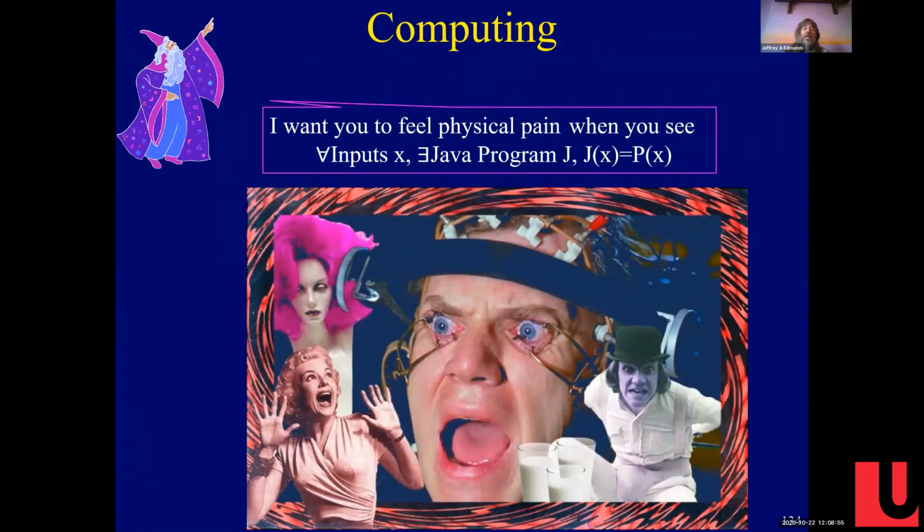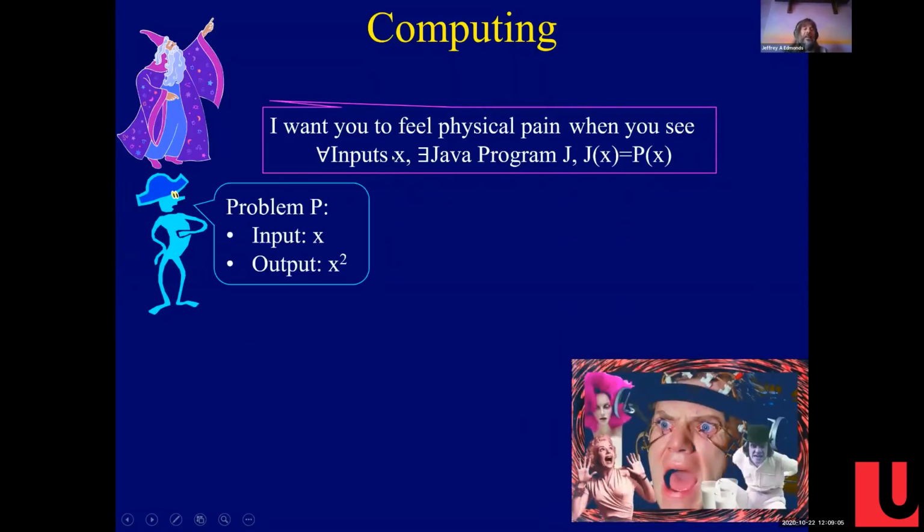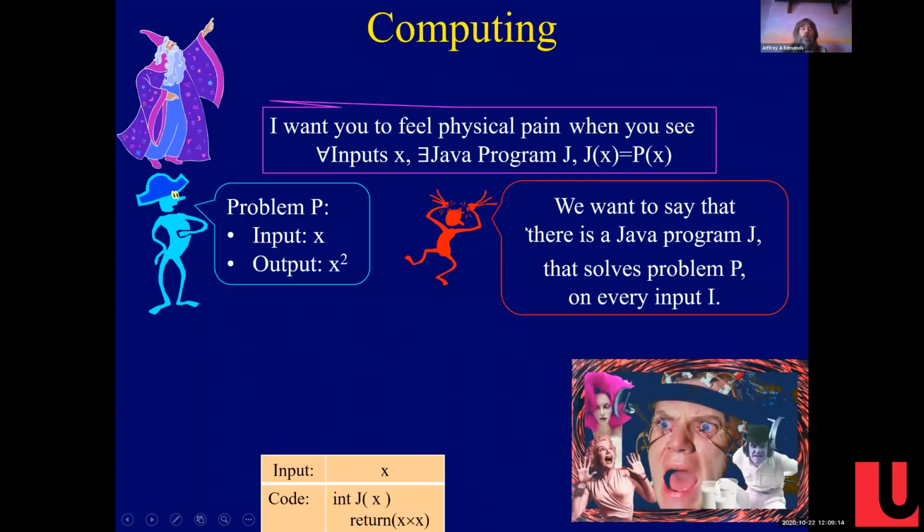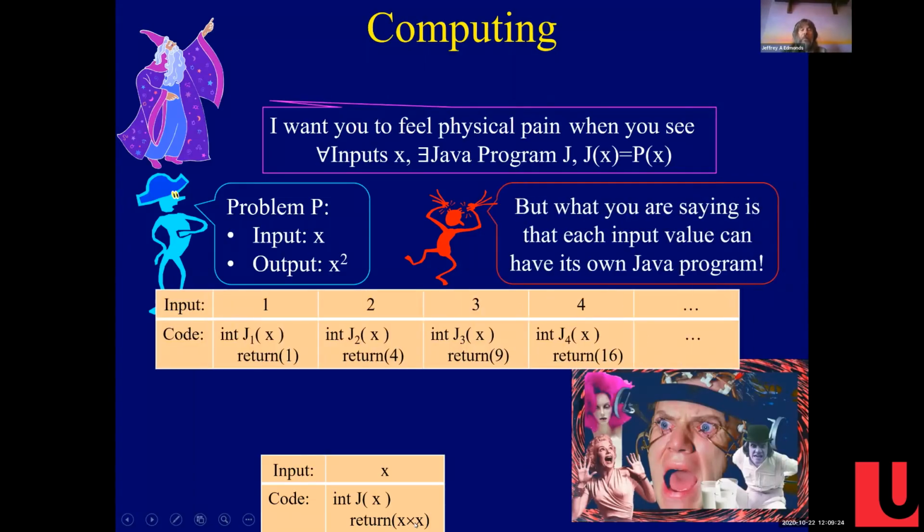All right, so somebody just asked, what happens if we switch the order here, right? This is the pain. Here's our problem, x squared. You give me x, I give you x squared, and what we wanted to be saying is that there exists one Java program that solves the problem. You give me x, I return x squared. That's one Java program. Well, what this is saying is for every input, there can be a different Java program.